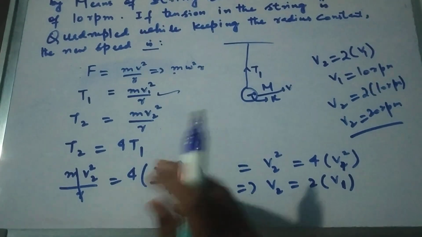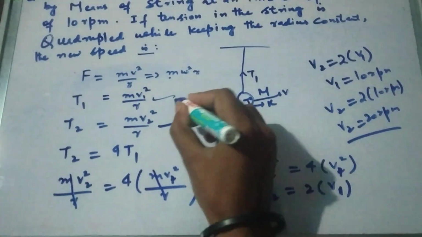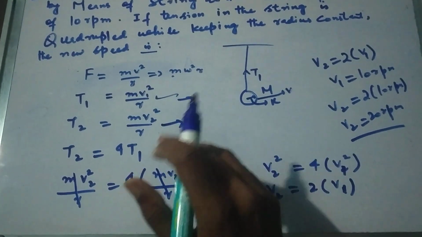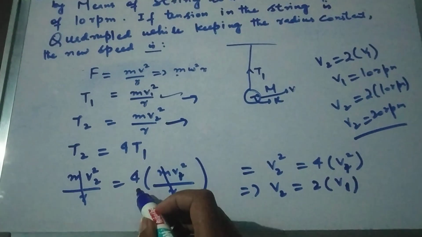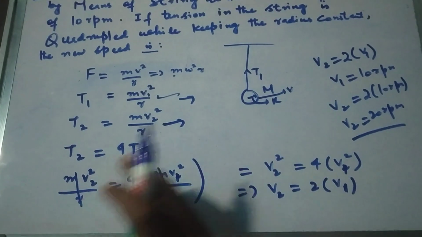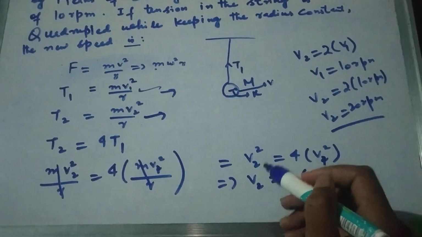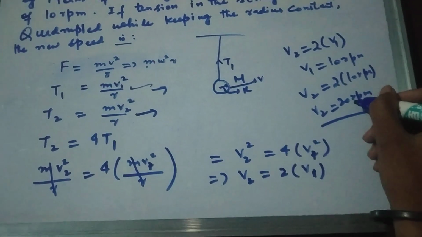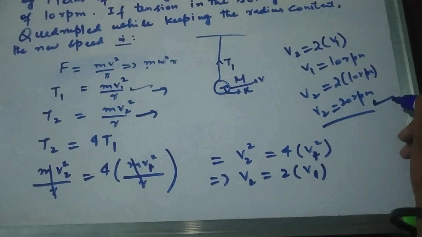Then we equate equation 1 and equation 2. The same terms cancel out on both sides, and taking the root of both sides, the value of V2 is equal to 20 RPM.